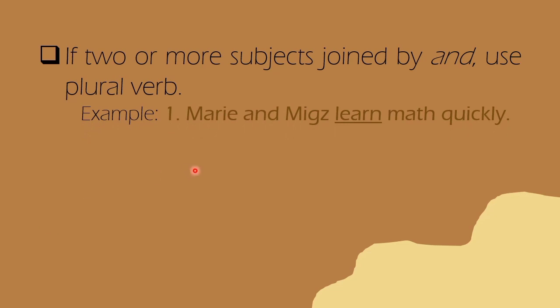For example, Marie and Migs learn math quickly. The two subjects, Marie and Migs, are joined by the word and, so we are going to use the plural verb learn. So Marie and Migs learn math quickly.